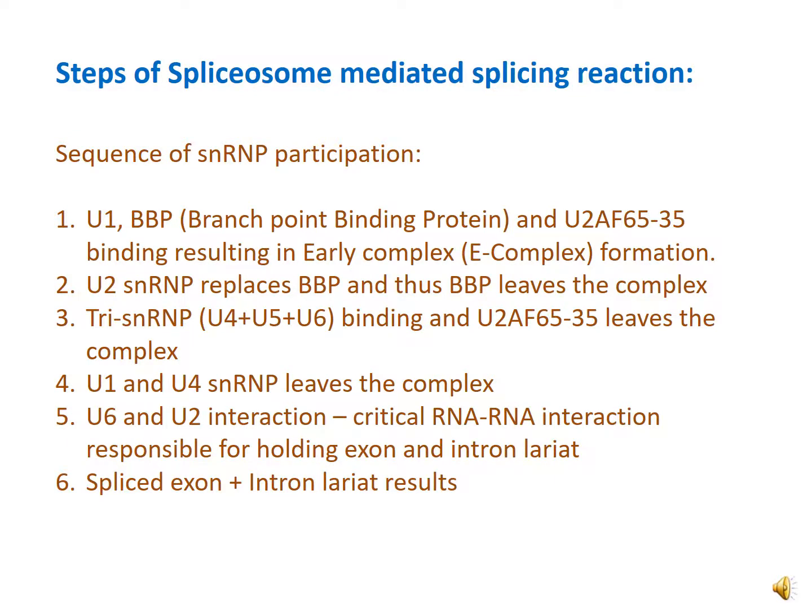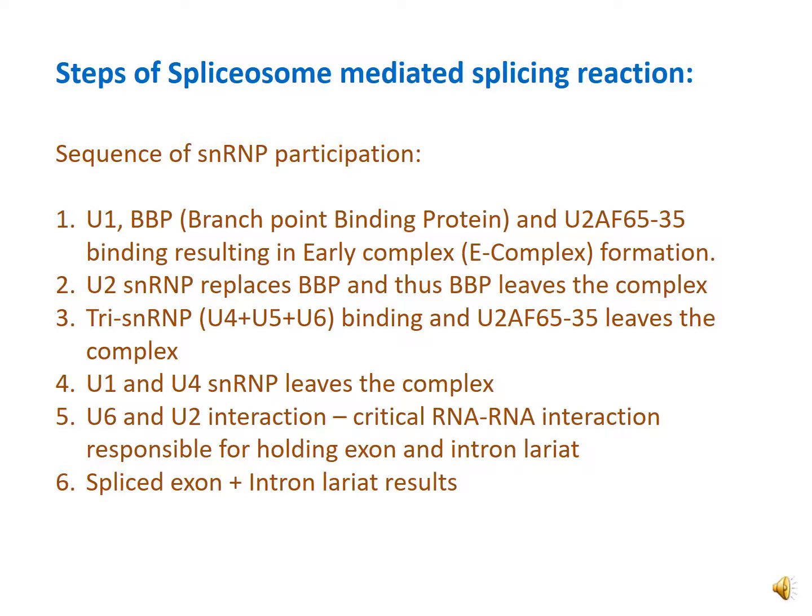Now, the steps of spliceosome complex formation and splicing are a sequence of events that starts from the binding of U1 snRNP along with branch point binding protein and U2AF65/35. This binding to hnRNA results in the early complex formation.